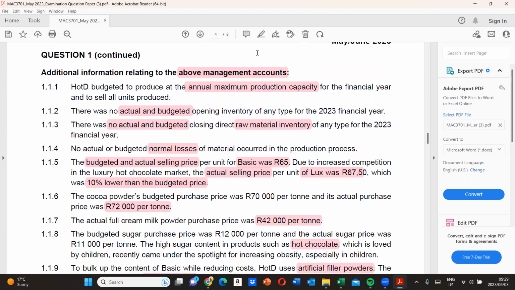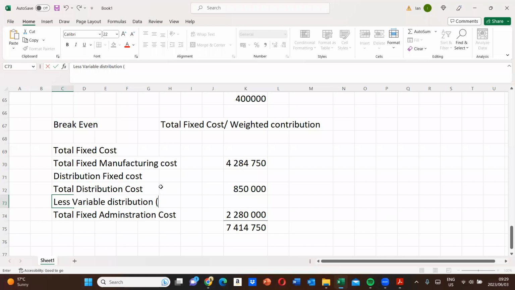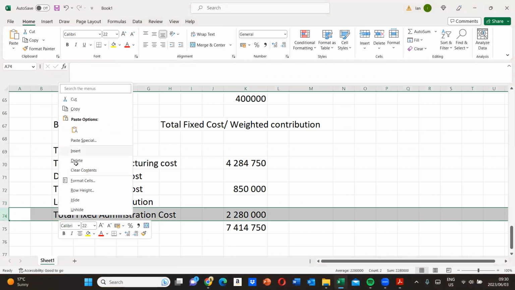So this type of equation became a little bit interesting, in the sense that we now have to do the split in regards to our cost. So how many units did we sell for Basic? We want to calculate the variable cost for Basic and then the variable cost for the other one, which is Lux.